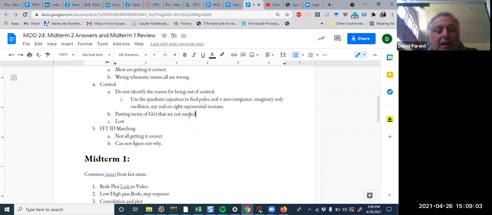And then for the FFT ID matching part, it's kind of hard to tell why, but people are just getting it wrong, which is interesting because in prior exams, people used to do really well on that.